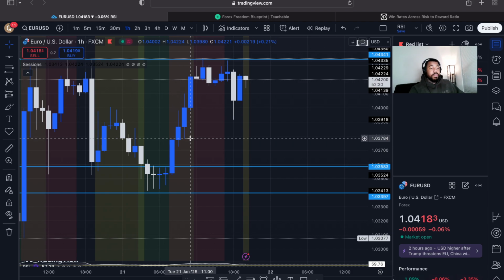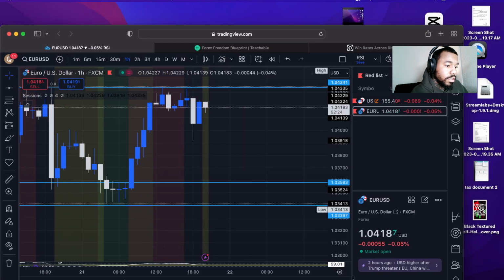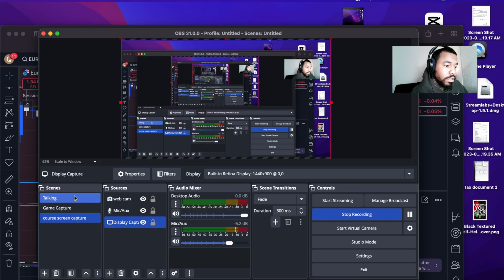Now, if I'm just being honest, let's go back to the main screen. Every trade I'm not going to hold for that long, because the market can go in the opposite direction. The market can be looking one way and just completely turn and stop you out.